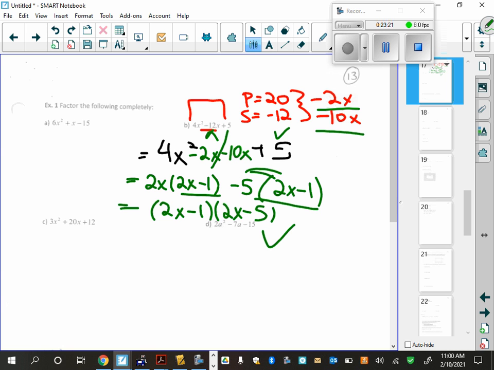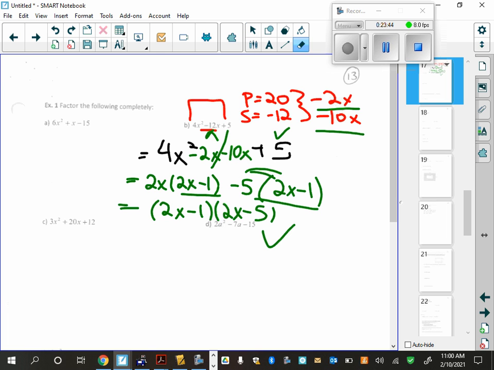Let's go one step at a time. So first step, sum product. Do that first, and I'll catch up to you. For C, again, don't just do decomp. Look at the 3x squared. Can you take a 3 out of everything? You can't. So now it's a decomp question.